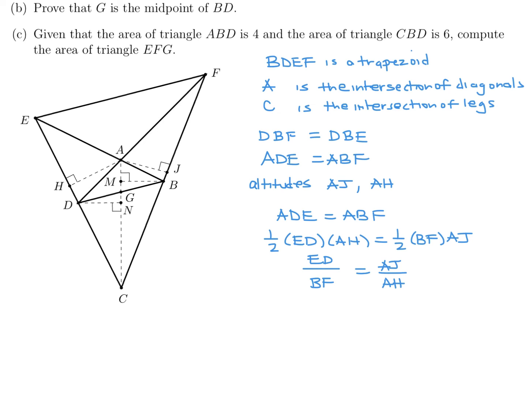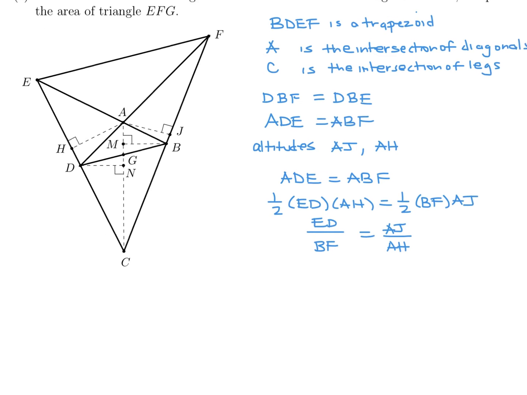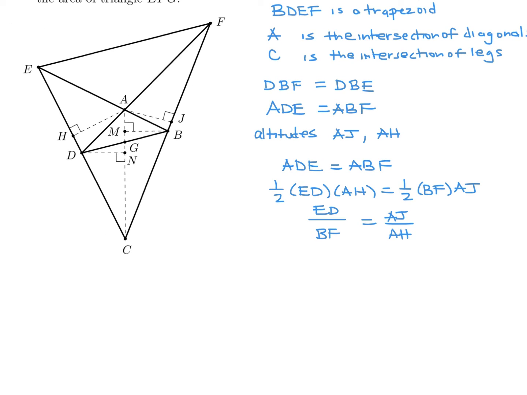Okay, so that's the first part of this. Now, we previously showed that EF was parallel to DB. And since that is true, we can deduce that the triangle DBC, that's that guy there, is similar to triangle EFC, the big one, that whole thing.